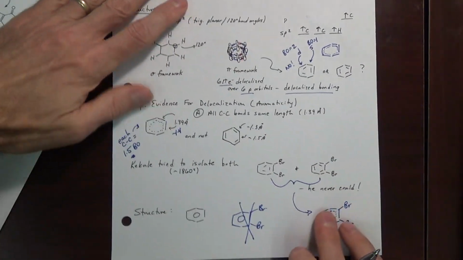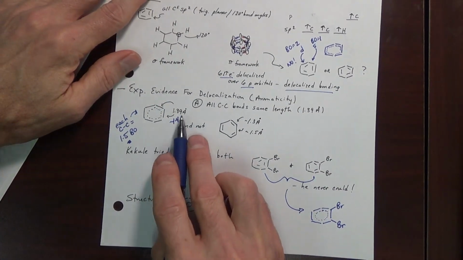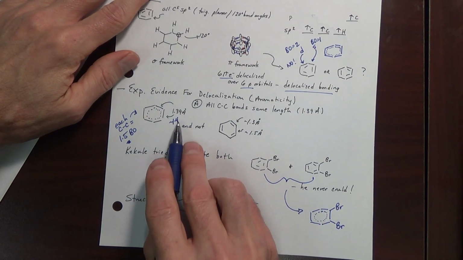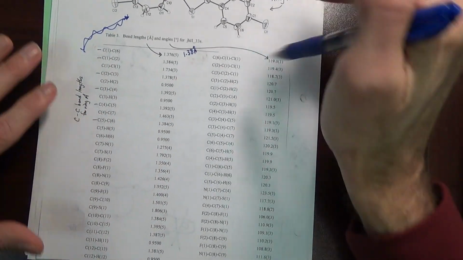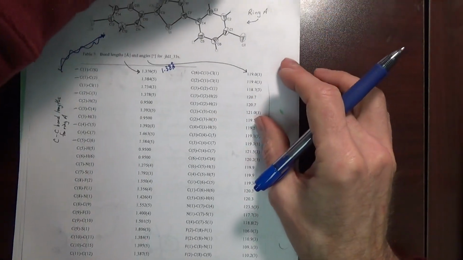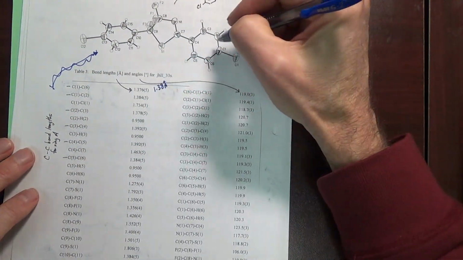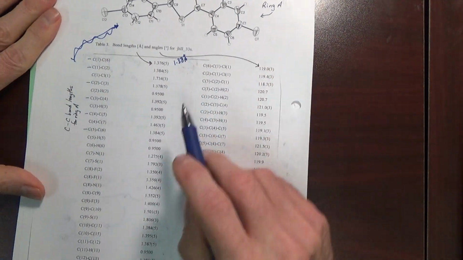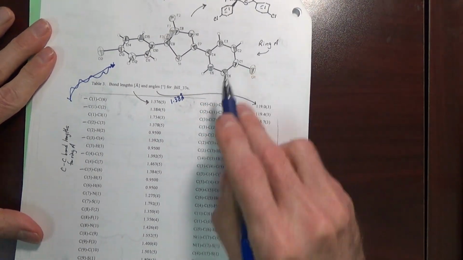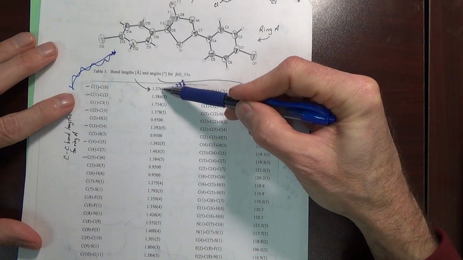Now over here we said benzene is 1.39, and then I rounded that off to 1 decimal place. Now this is not exactly benzene. Being bonded here to this ring can change some of the bond lengths a little bit, but it's very darn close. And if you look at all the carbon-carbon bond lengths in this ring, they're all pretty darn similar.